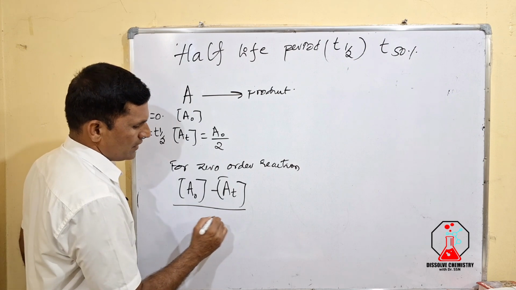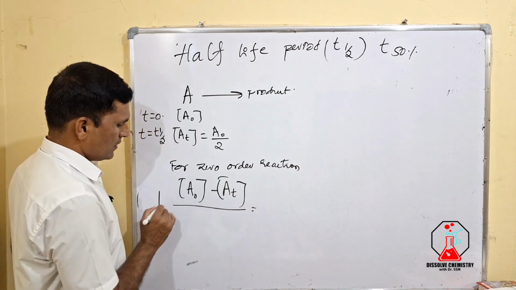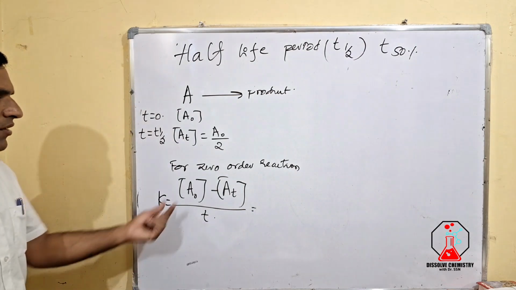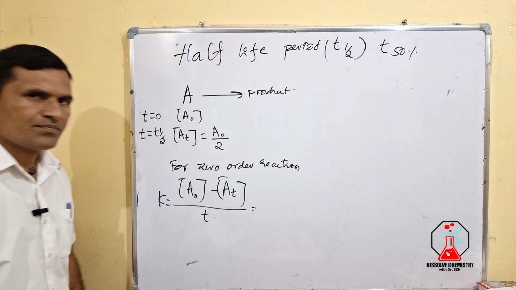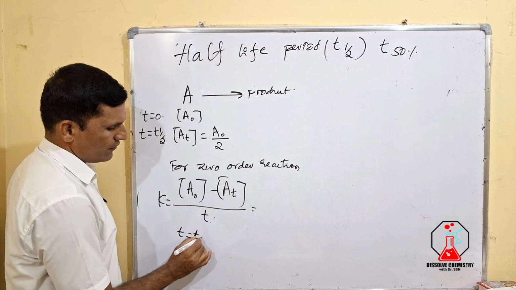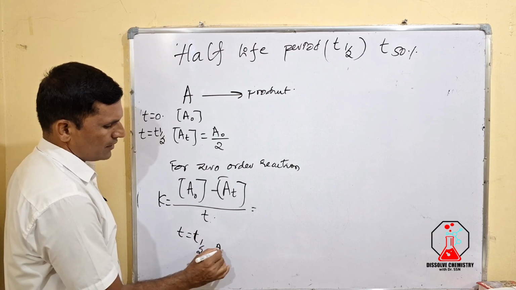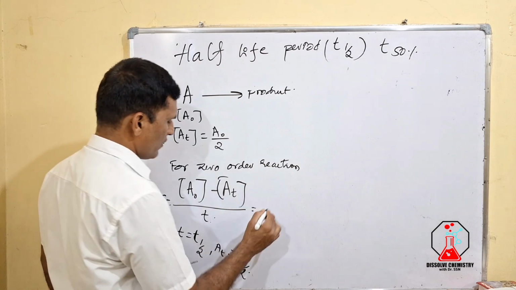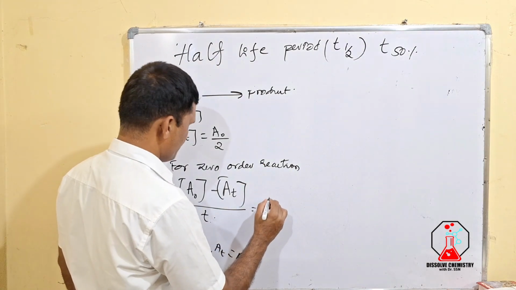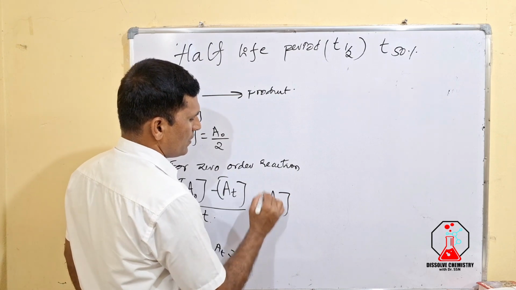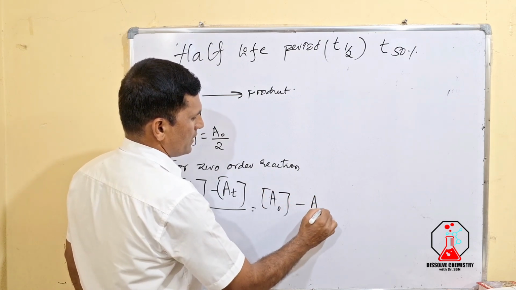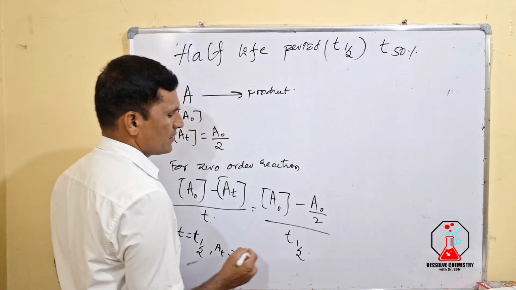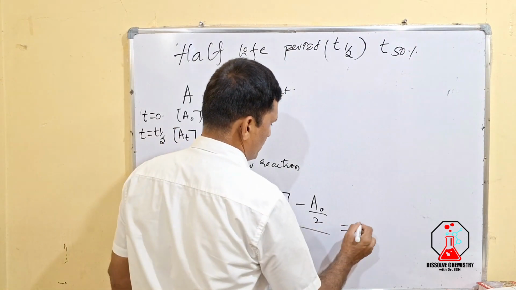That is K is equal to A naught minus AT by T. T is equal to T half, and AT is equal to A naught by 2. So then what will it turn out to be? K is equal to A naught minus A naught by 2, divided by T half.